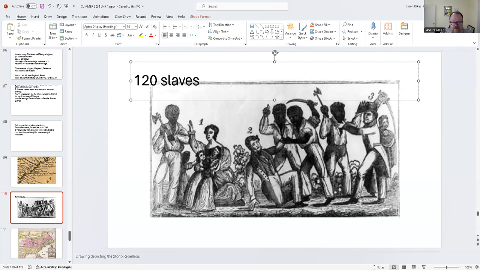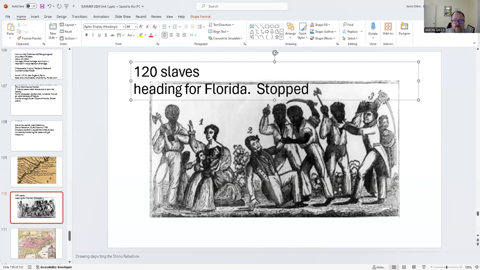That far south, they're going to have to go to Florida. And for reasons that we don't know, because there are no survivors, they stopped. Probably for food, water. Killing people with knives and axes is exhausting.